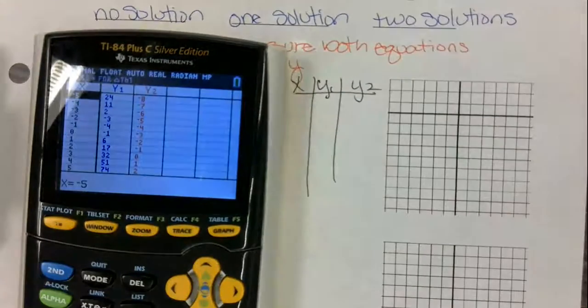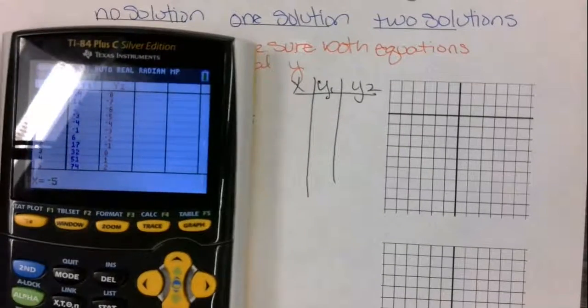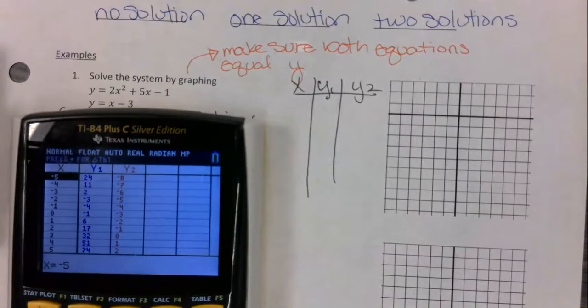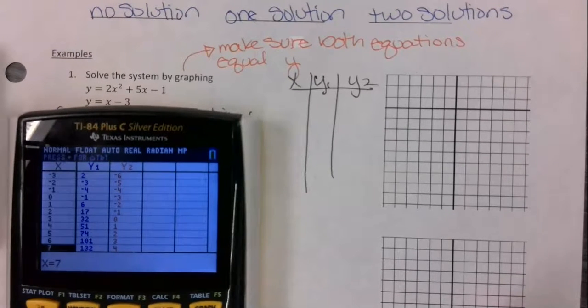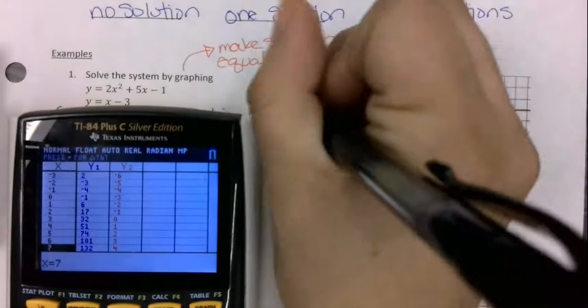So notice it gives me two y values. Why is the light so bad? There we go. It gives me two y values. I want to arrow down the things I can graph for both. So I am going to start at -3 and go to +1.